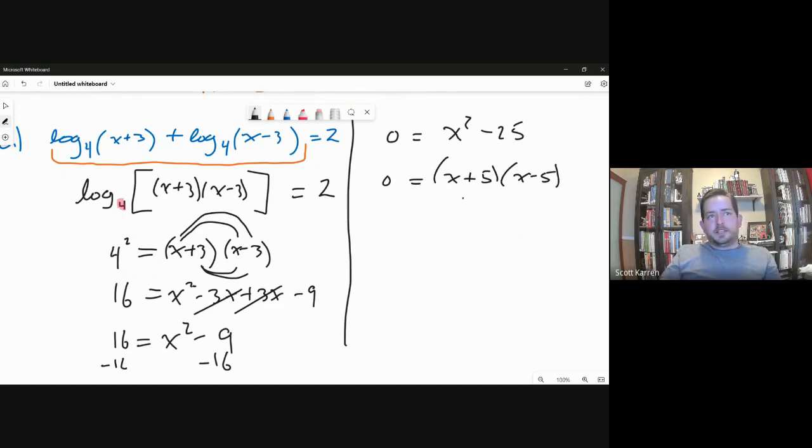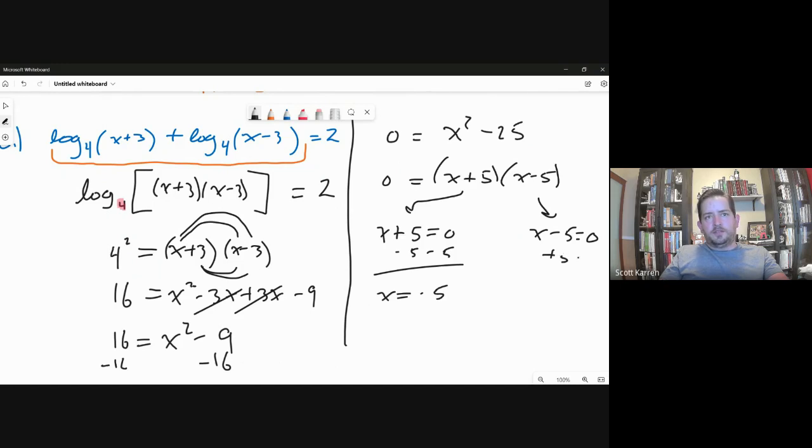And so then I set each of these individually. x plus 5 equals 0, or x minus 5 equals 0. And if I subtract 5s, I get x equals negative 5. Or if I add 5s, I get x equals 5.